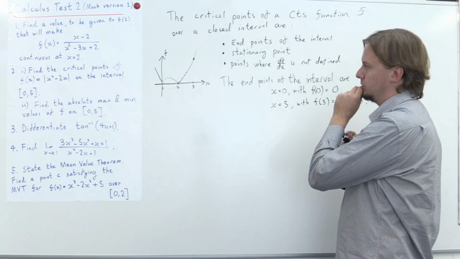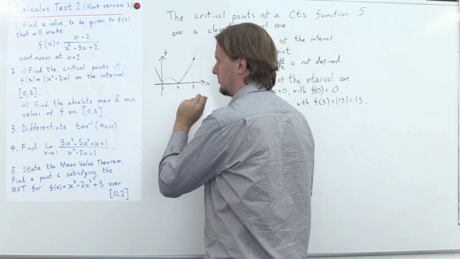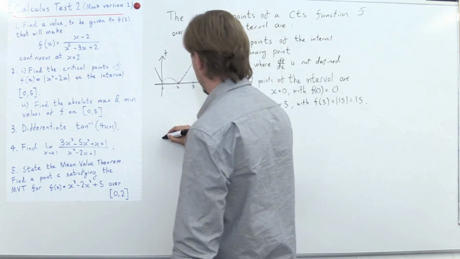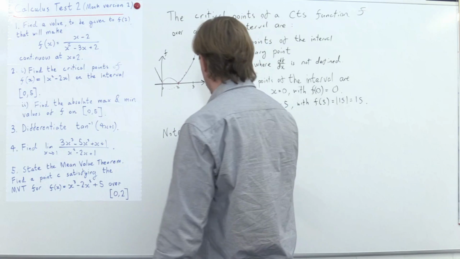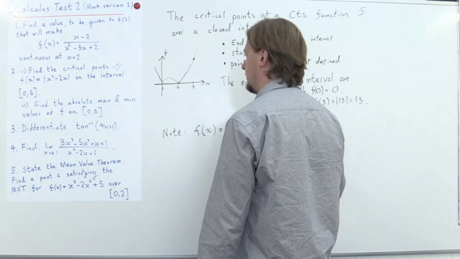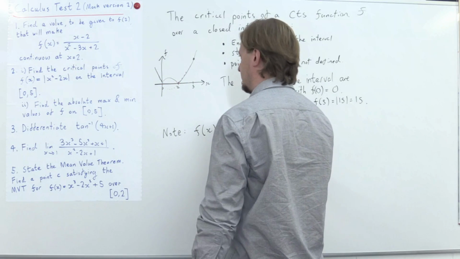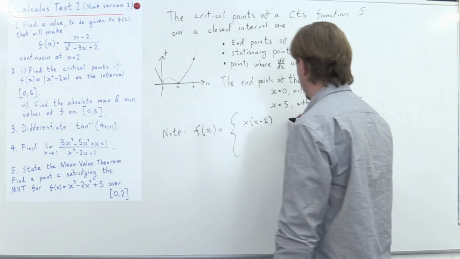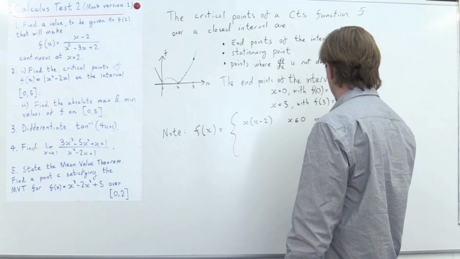Next, I want to find the stationary points. I think to do that, I'd better rewrite this function in a way I can easily take the derivative. So I'm just going to rewrite this as a piecewise function. Another way to write this down, and I can use this plot to help me, is to note that f of x as a piecewise function is, if we were just over here where it was positive, x times x minus 2, for x less than or equal to 0, or x greater than or equal to 2.